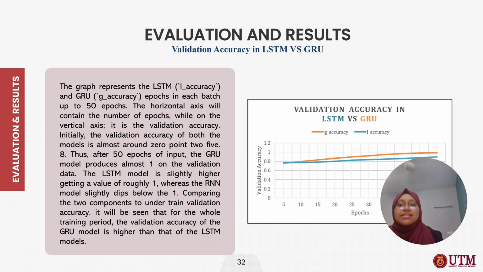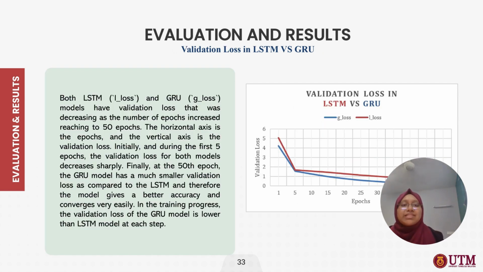After 50 epochs of input, the GRU model produces almost 1 for the validation data, and the LSTM model is slightly lower than the value of 1. So comparing the two, it will be seen that the GRU model has a higher validation accuracy than the LSTM model.